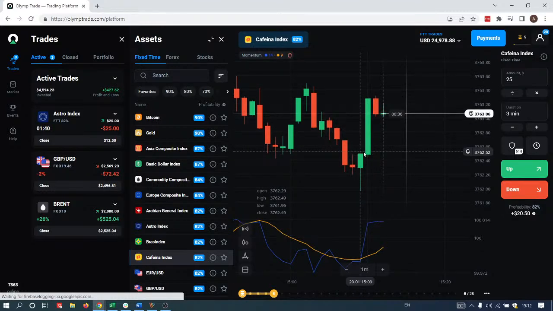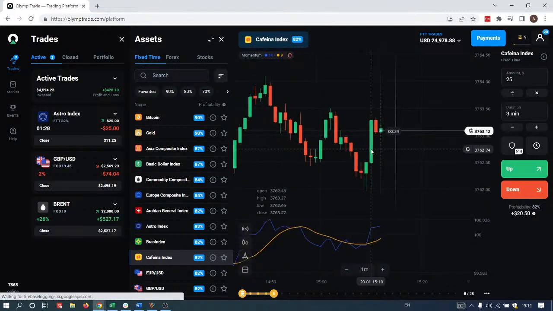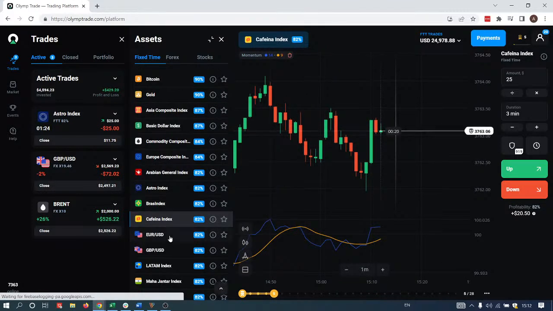And it's not really a good sign because I can enter a trade, and then a pullback might happen. So in this case, it is also recommended to skip this signal and wait for a new one.